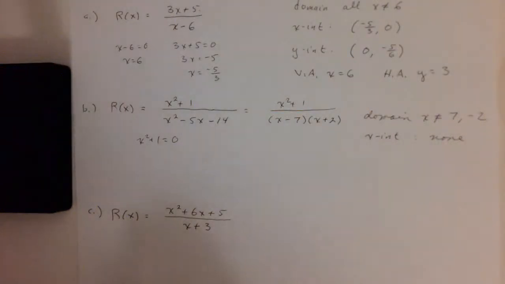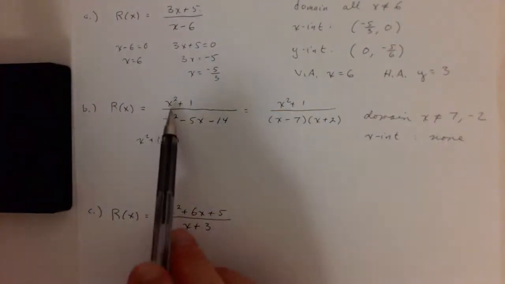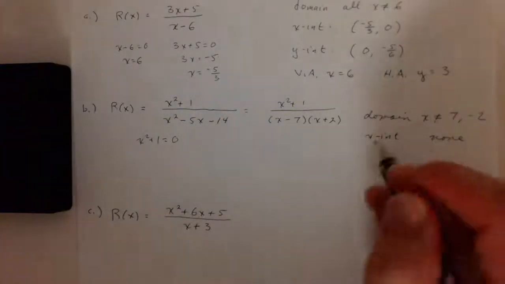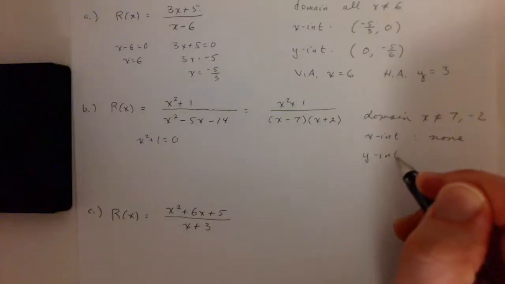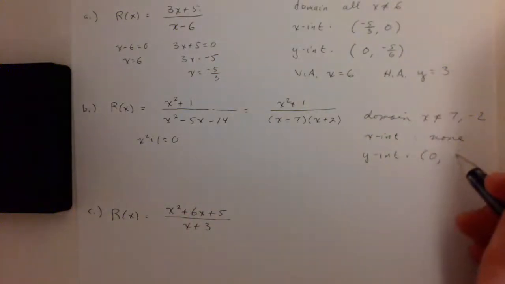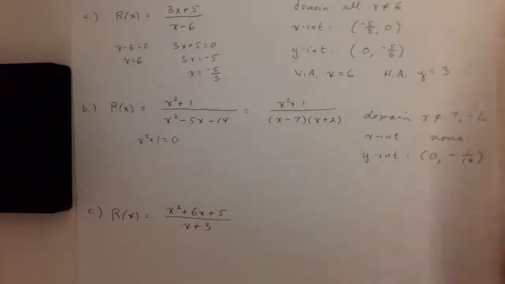There will be a y-intercept, because if you plug in x equals 0, you get 0 plus 1 over 0 minus 14. So the y-intercept will be (0, 1 over negative 14), or just negative 1/14.